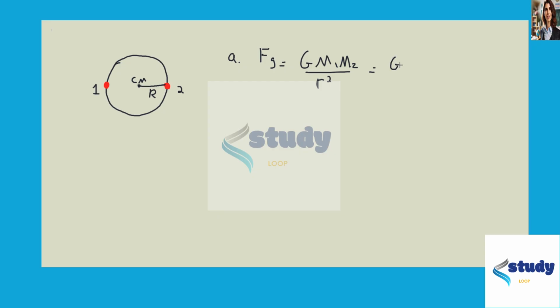So this would be G, m times m is m squared. Their distance from each other is actually 2r, a diameter, so we have 2r squared. So this will be G m squared over 4r squared.